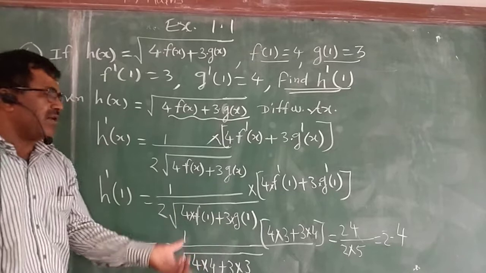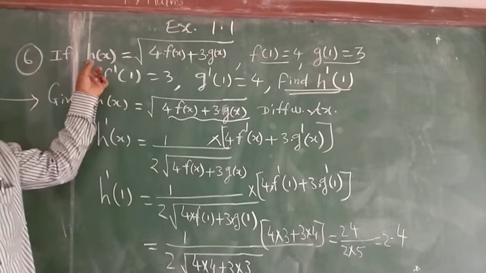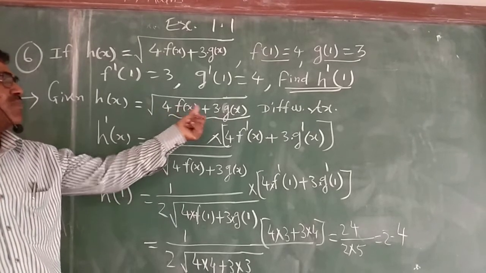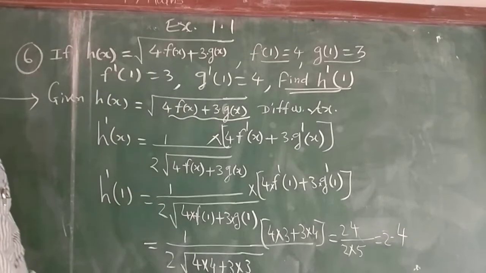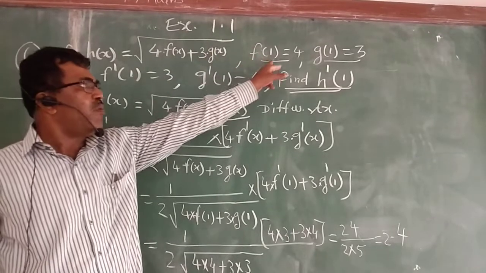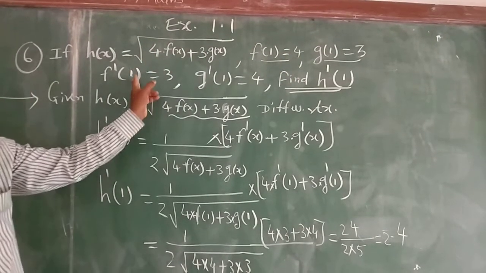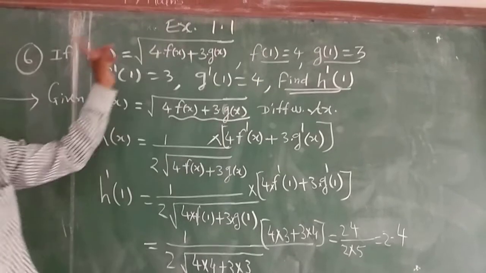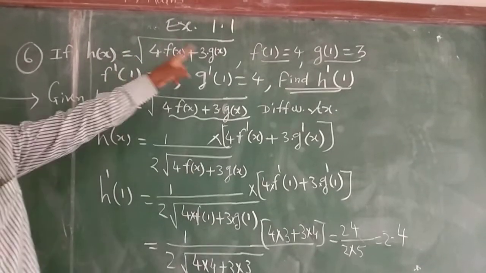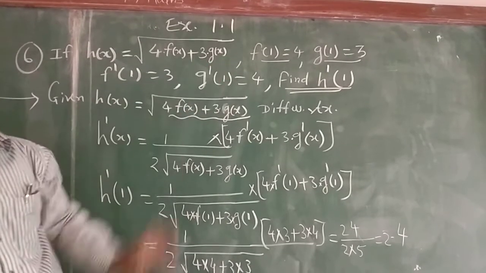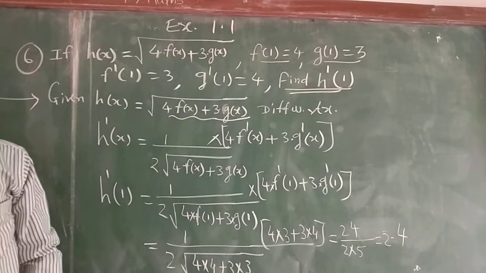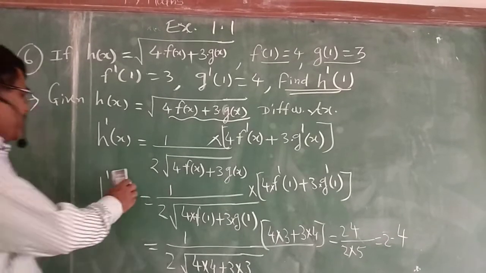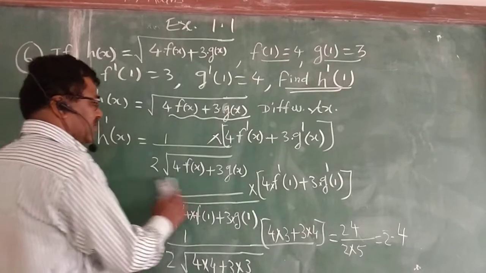Step first, given h of x equal to 4 into f of x plus 3 into g of x and f of 1, g of 1, f dash 1, g dash 1. f of 1 is different from f dash 1. g dash 1 is different from g of 1. Dash means derivative of the given function.